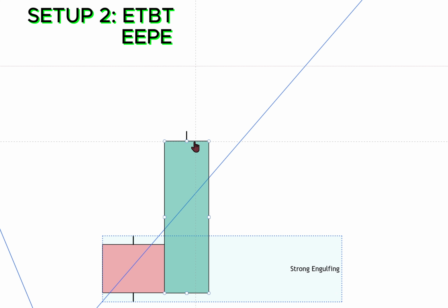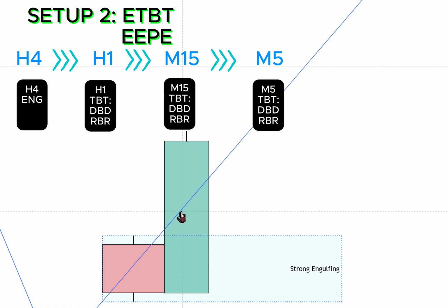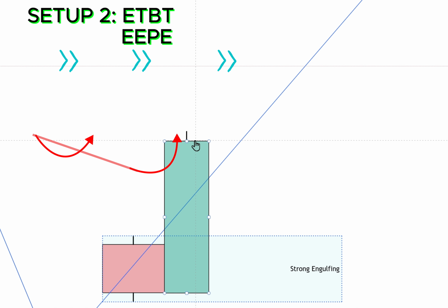Let's imagine this is 4H. The first thing is that you have to drop one time frame below. Usually you cannot see any extension pullback extension there, because we have a strong momentum. If it is H4, usually in H1 you can't see any extension pullback extension, so you go to 15 minutes.